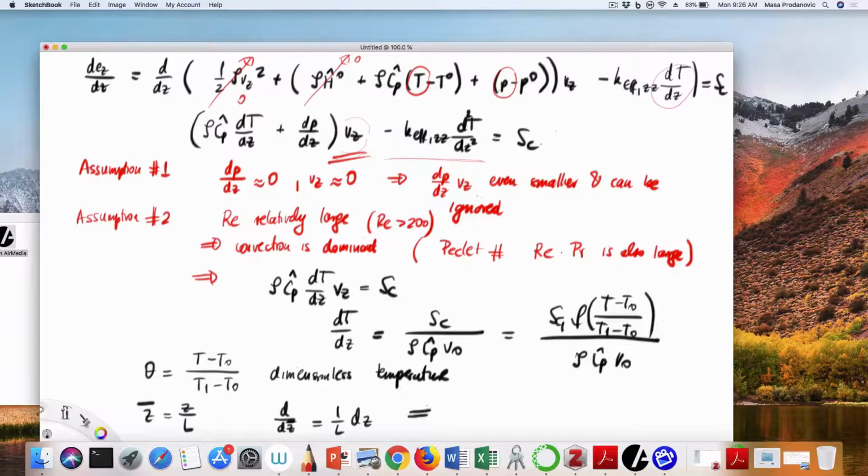So with a little bit of algebra, this will give you something like this, with f of theta, and my n is, I'm going to squeeze it in here, L Sc1 divided by (T1 minus T0), rho Cp, a bunch of stuff I know.